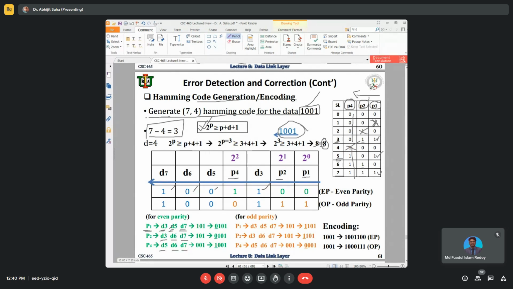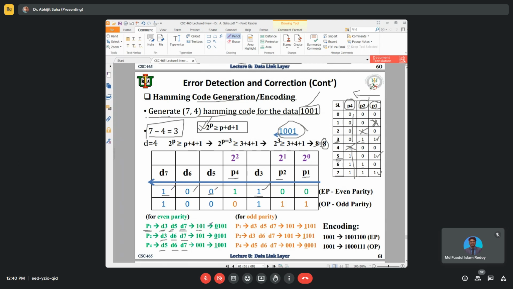Now that you have this combination, you have the data bits with you, so you use them. For D3, what is the value? 1. So you write that. What is the value for D5? D5 is 0, so you write 0. And what is D7?